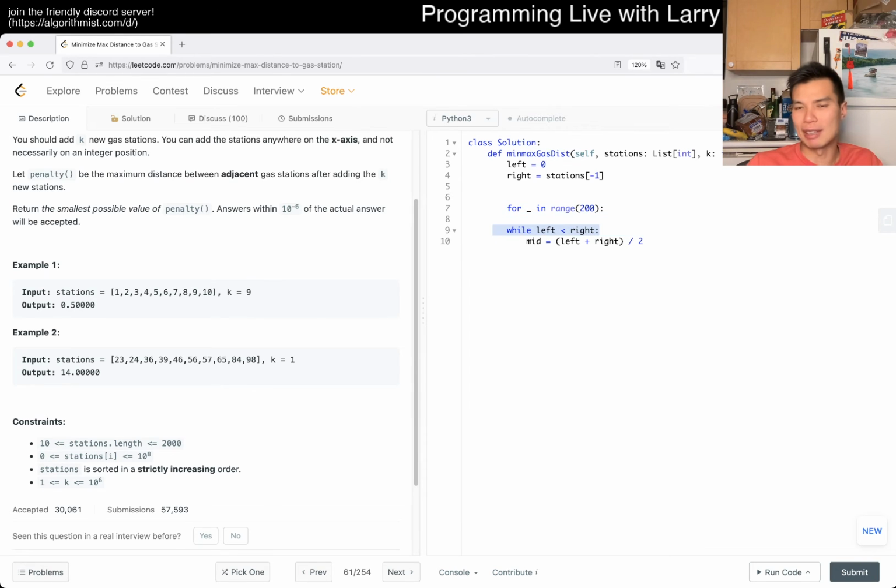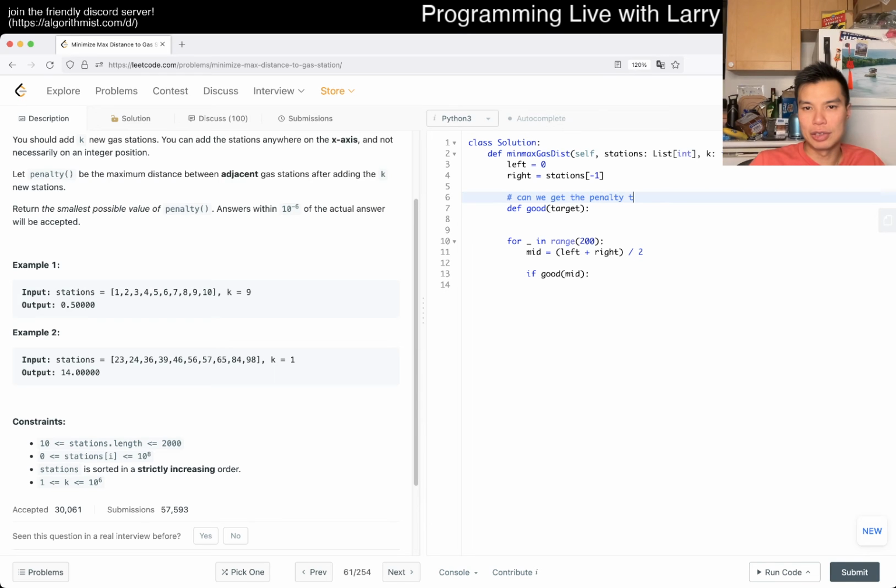this, because of precision issues, this may never terminate if you're not careful. That's one. But if you do 2,000 times, you just ran out of bits, right? So it will definitely be within 10 to the negative 6. And then basically the idea is that, okay, if good of mid, and what does good mean? Good is basically, can we get the penalty to target or less, right?